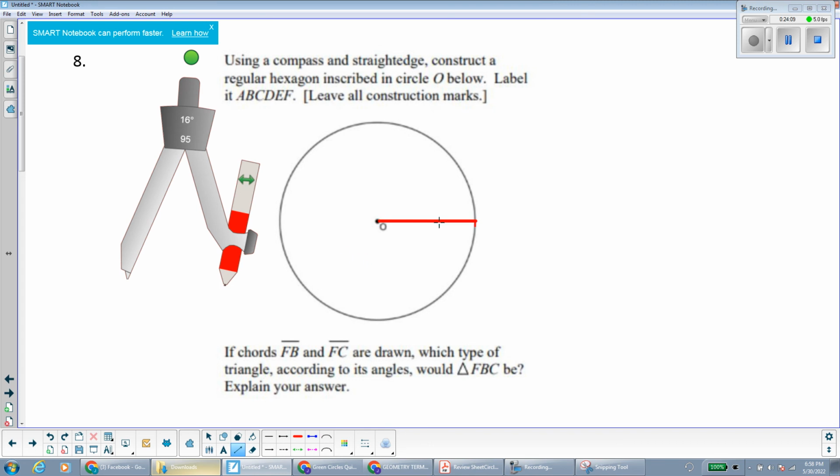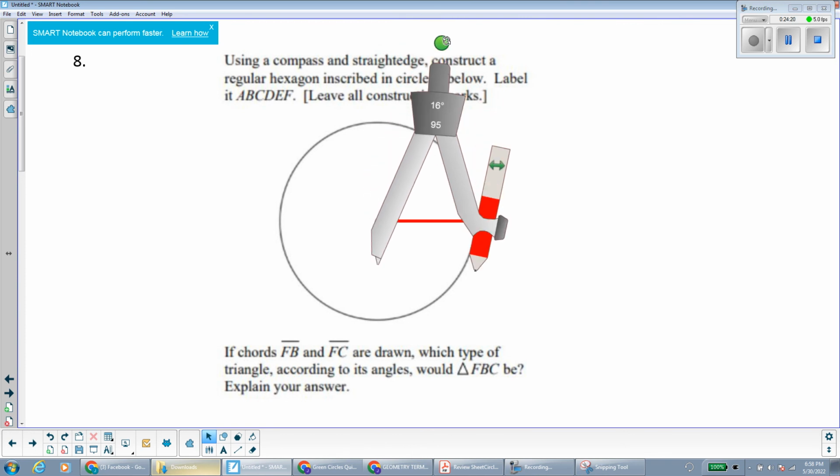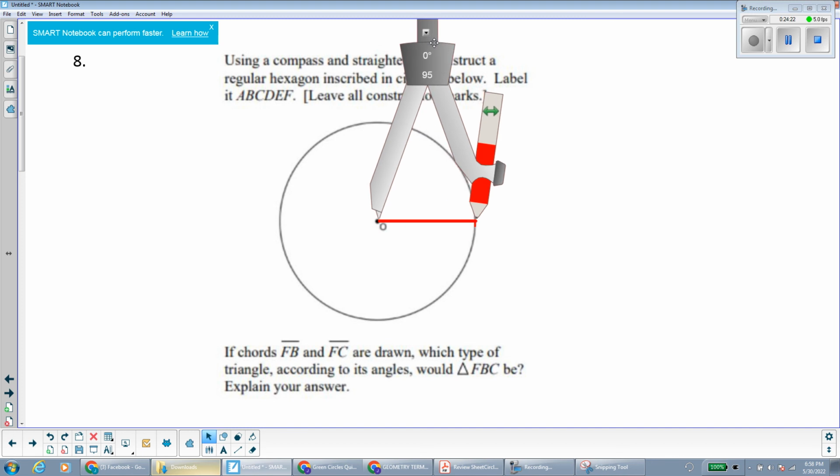There we go. Then I don't even have to think. I'm going to start by measuring the length of the radius. Let me do that as best as I possibly can. Once again, I hate using the compass on the computer. Okay, that's as best as I'm going to get it.